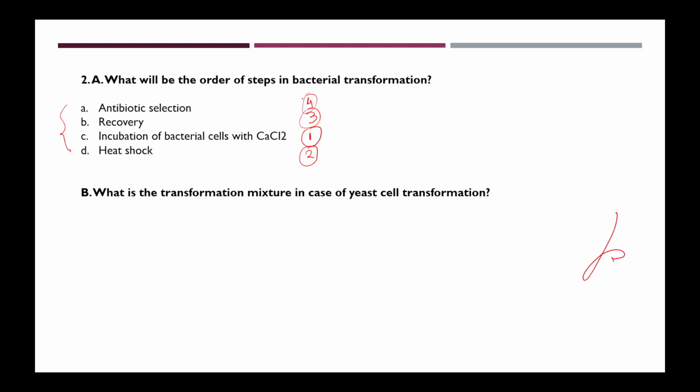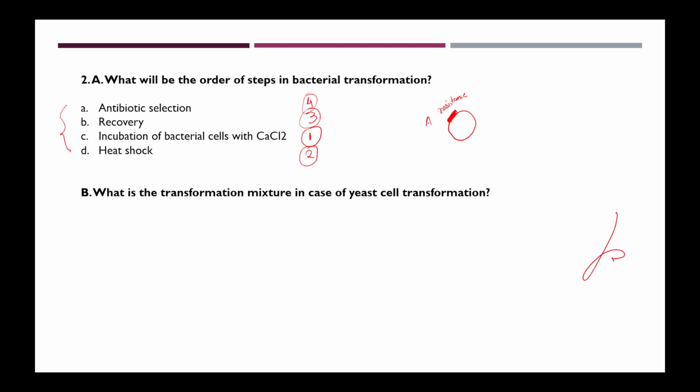Once the DNA has been taken up, now we will select our cells which are considered transformed on an antibiotic selection plate, because we generally transform our plasmid, and our plasmid should have a gene that provides resistance against one particular antibiotic.